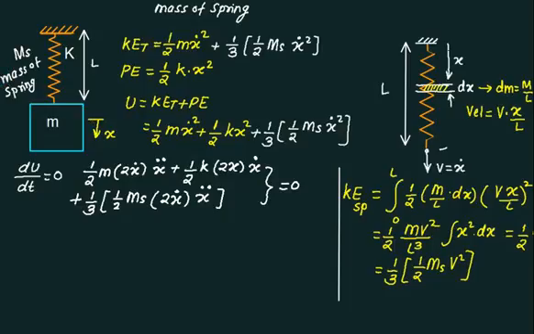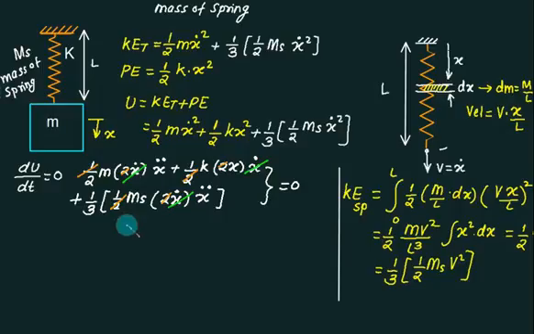Now cancel out common terms: 1 by 2 and 2 cancel. And your x dot always gets cancelled. Remember this, your x dot always gets cancelled.